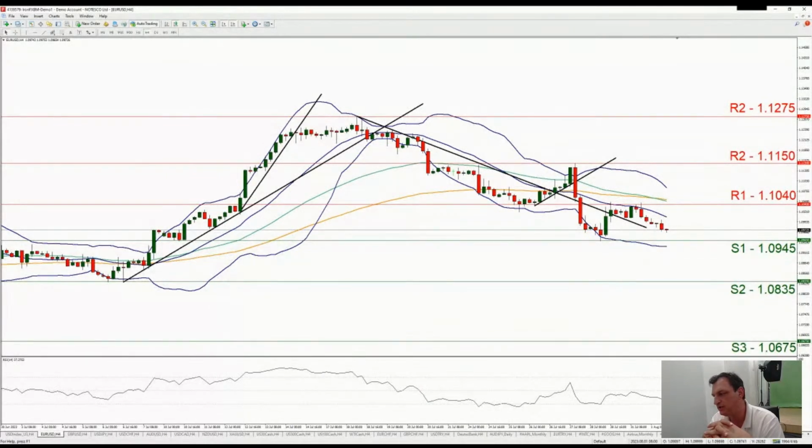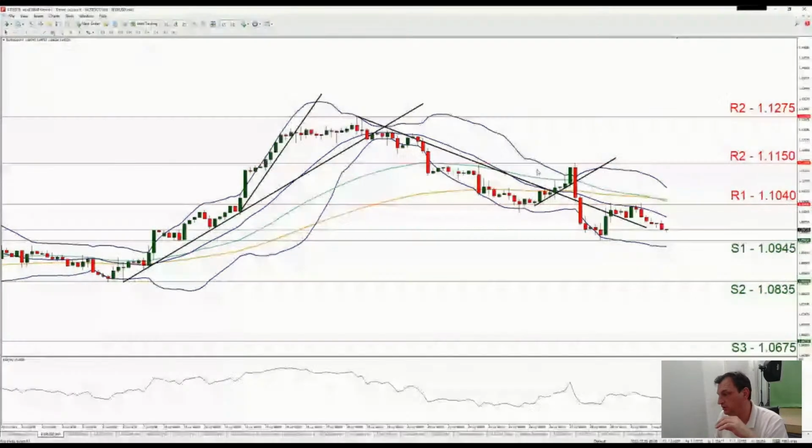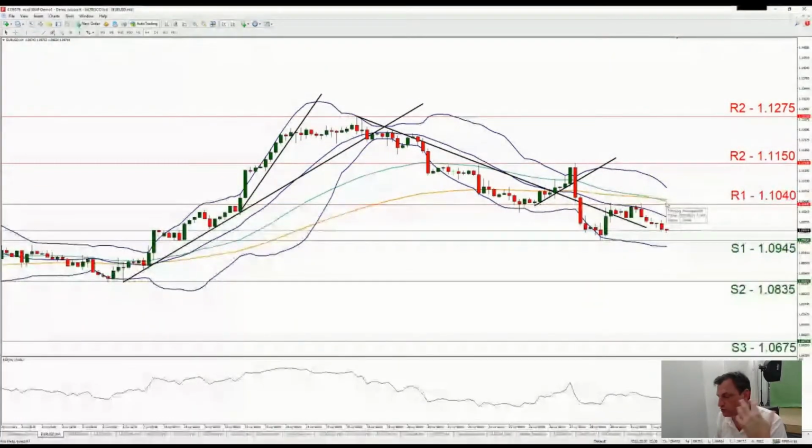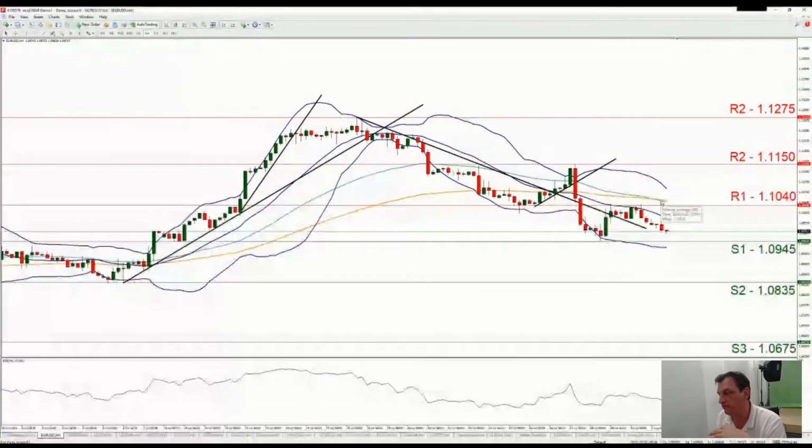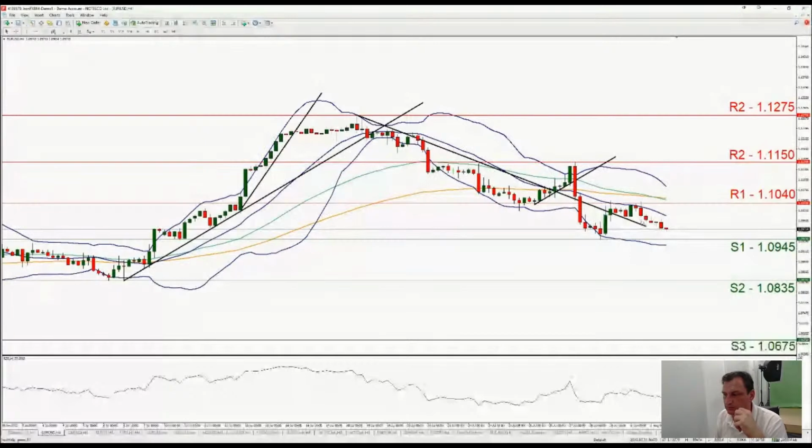Other indicators towards that end would be practically the downward movement of the 20 moving average, the 100 moving average, and the 50 moving average. Also note the cross of the moving average, the downward bearish cross of the 50 to the 100 moving average. All of that are bearish tendencies, and allow me to enhance that.